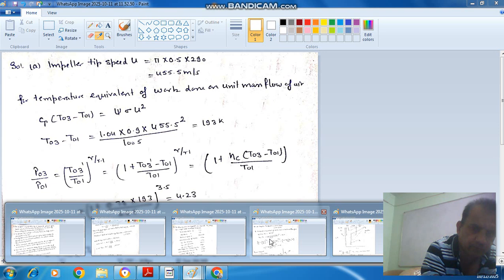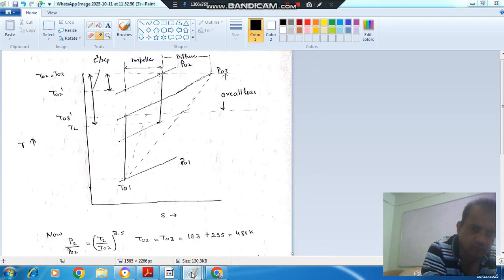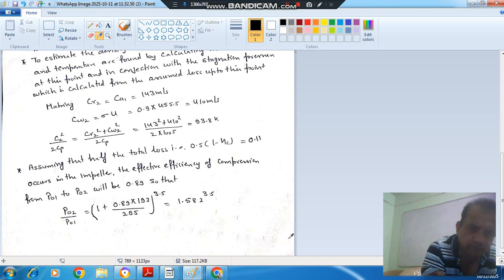We keep T02 minus T01, or T03 minus T01, the same thing, but the efficiency will change because we are taking efficiency up to the impeller. So we find the pressure ratio, that will come out as 1.58 to the power 3.5.